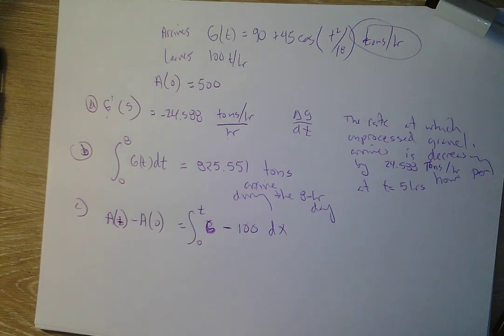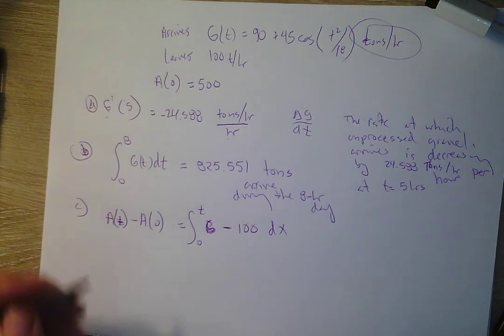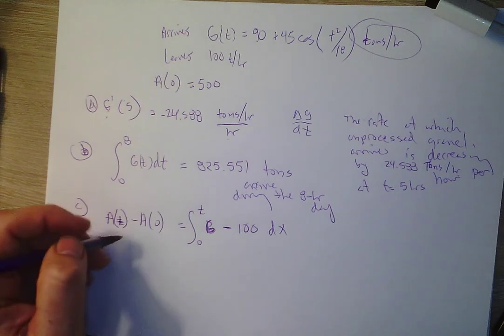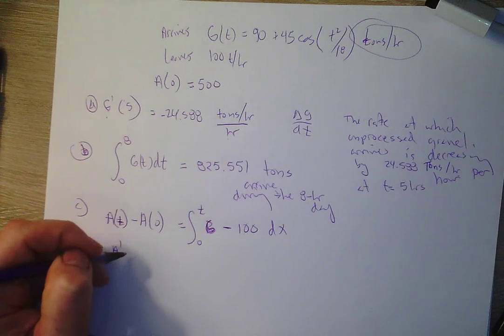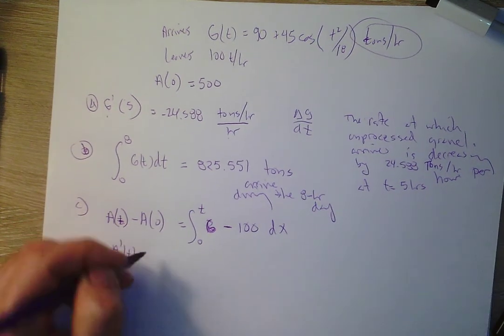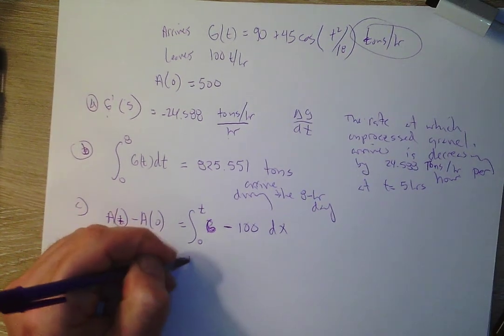So there's my amount function, and I want to know if amount is increasing or decreasing at t equal to 5. So I want to think about A prime, and A prime of t will be g minus 100.